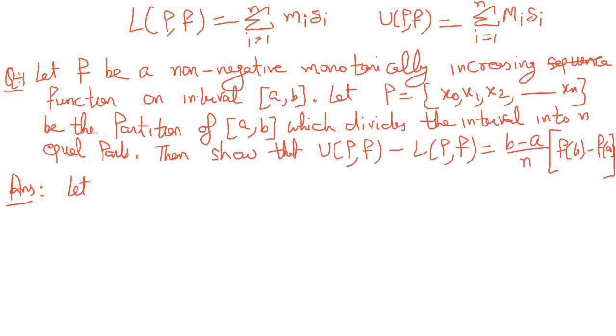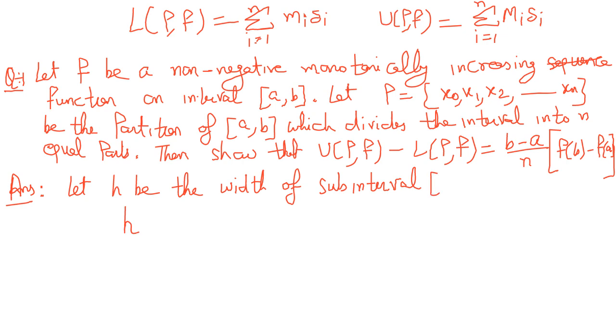Let h be the width of the subintervals. Since there are n equal subintervals, h is equal to b minus a upon n. This is the width of the subinterval.